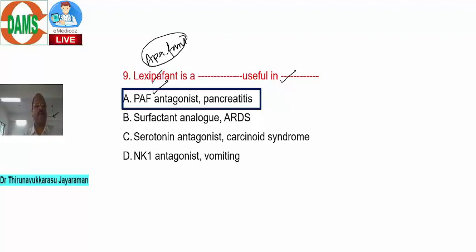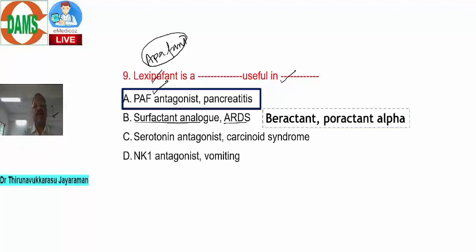Then, surfactant analog useful for acute respiratory distress. This is a new point, please note. We have something called beractant, poractant alpha. They are called surfactant analogs useful for treatment of acute respiratory distress in premature newborn babies.